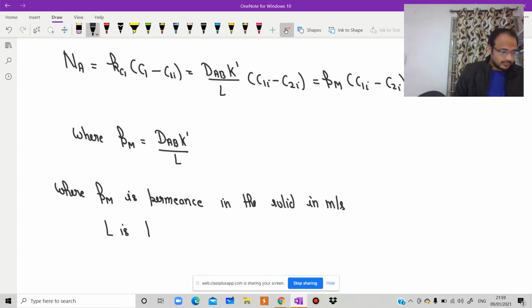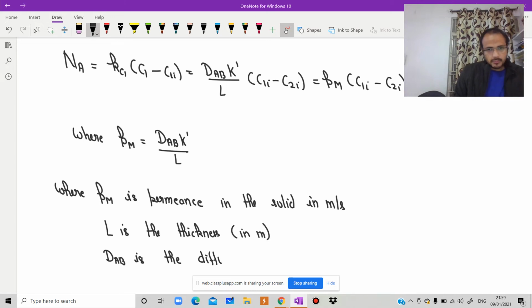L is the thickness in meter. DAB is the diffusivity of A in the solid, in meter square per second.